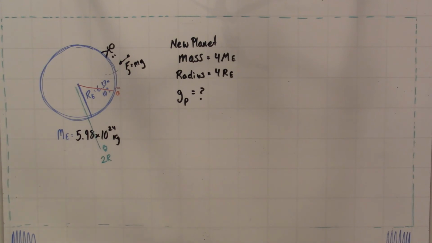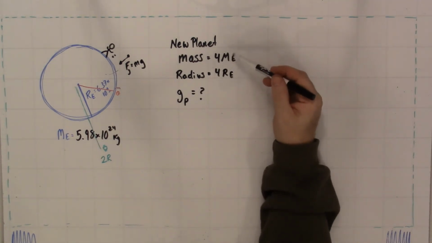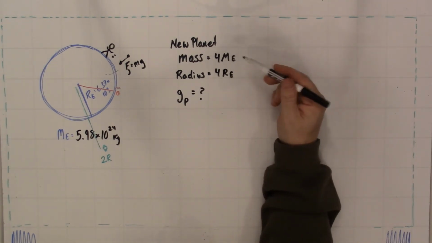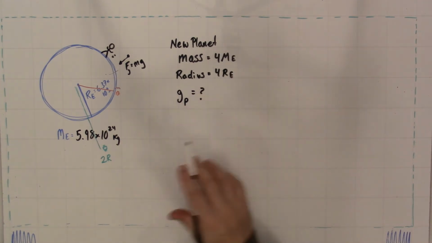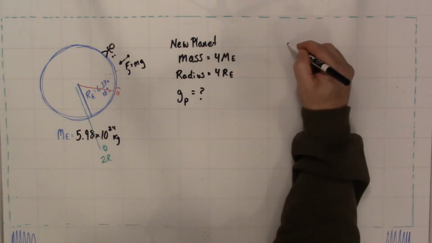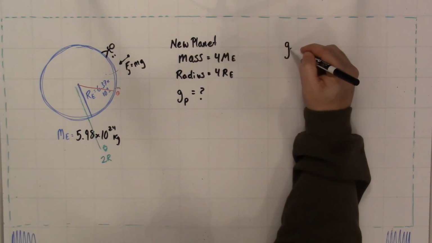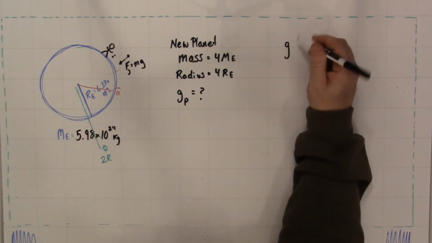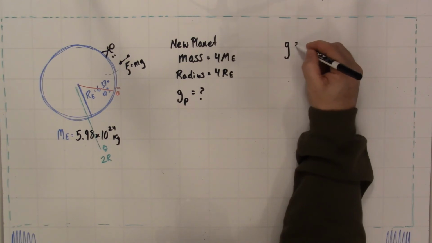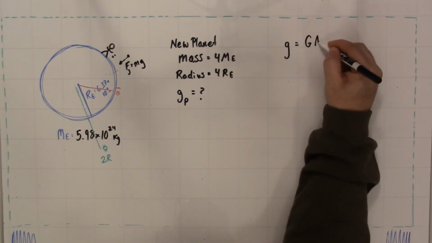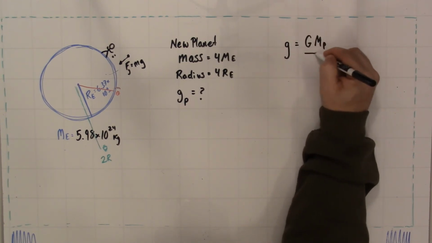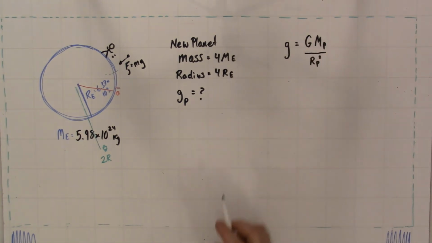Now, you might be tempted to say, oh, well, if both of these have changed by a factor of 4, maybe it's the same. I'm not really sure it is. Let's look at the structure of the equation a little bit more deeply. So we know that you want to calculate this little g value, whether it's the free fall acceleration or the gravitational field strength. We know it's equal to big G times the mass of the planet divided by the radius of the planet squared.